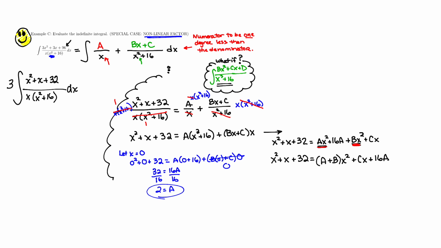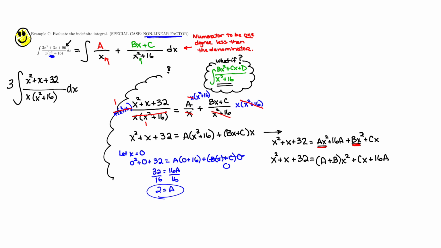I can put my x squareds together and factor out an x squared, and I get a plus b times x squared. And I have a cx term, and I have a 16a term.